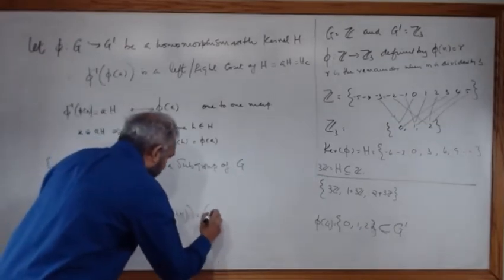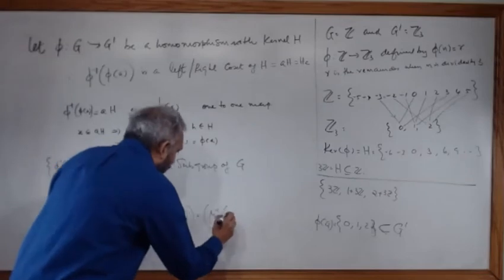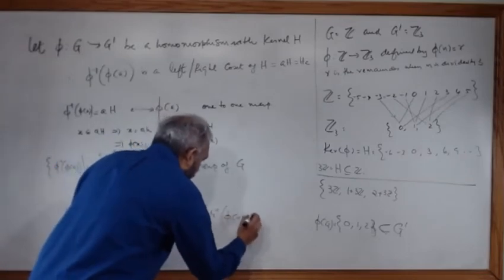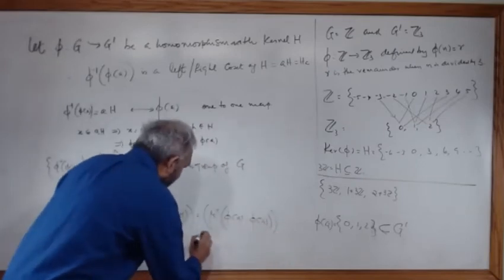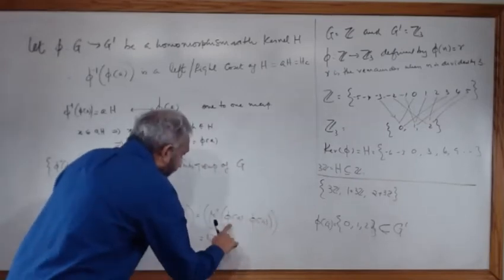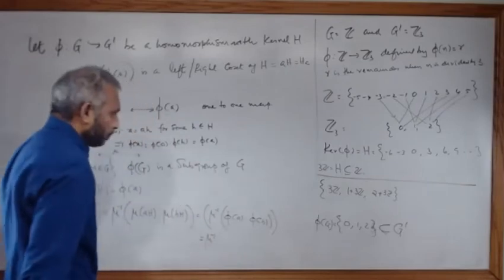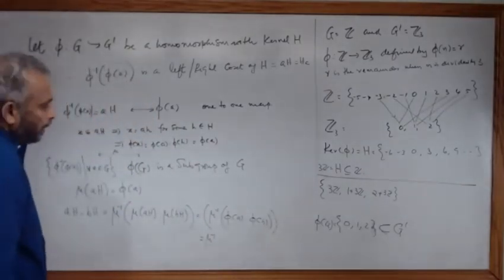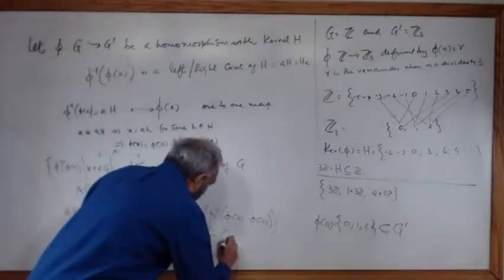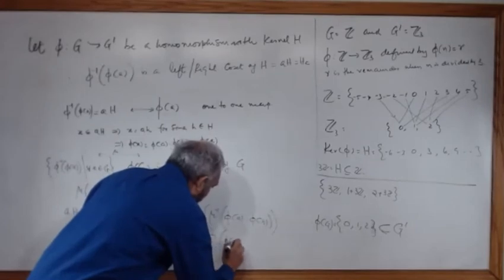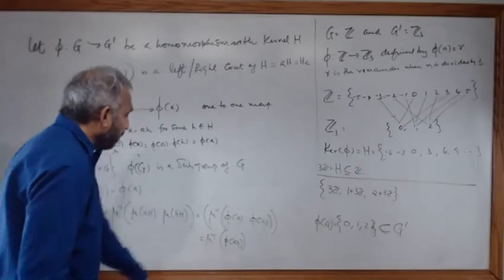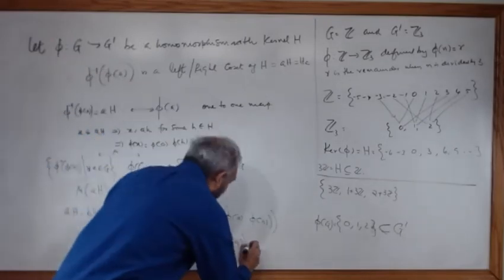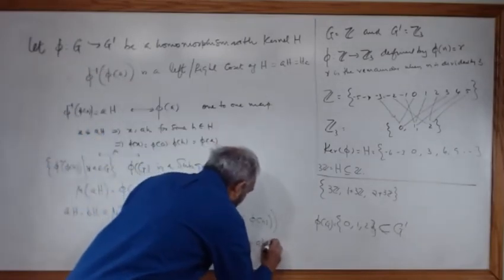This is equal to mu inverse of phi of a times phi of b, and since phi is a homomorphism, we can write it as phi of ab, and mu inverse of phi of ab is going to be abH.